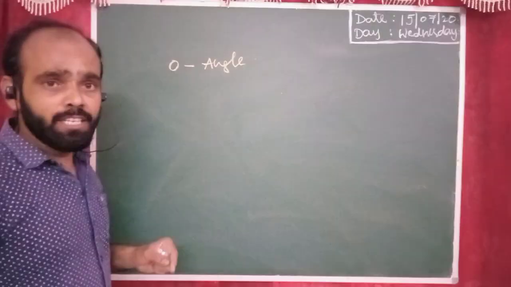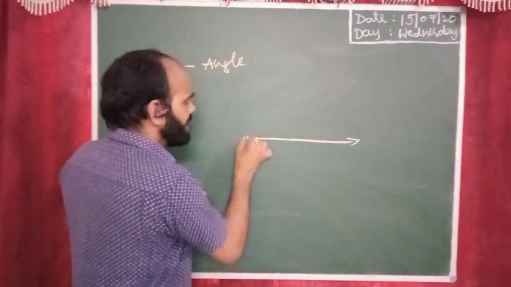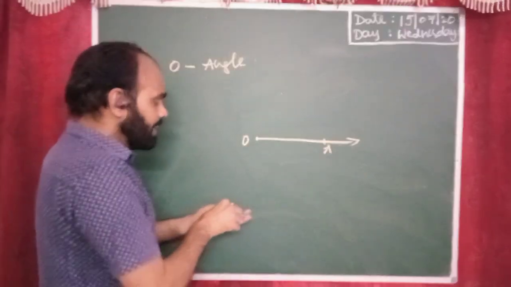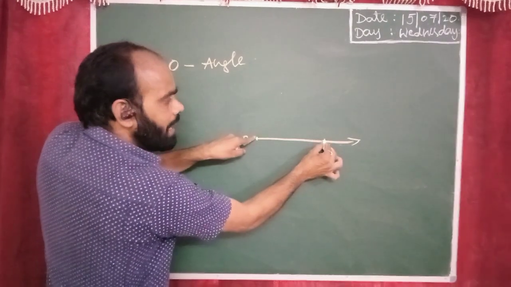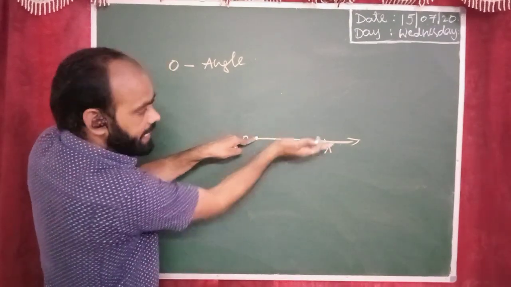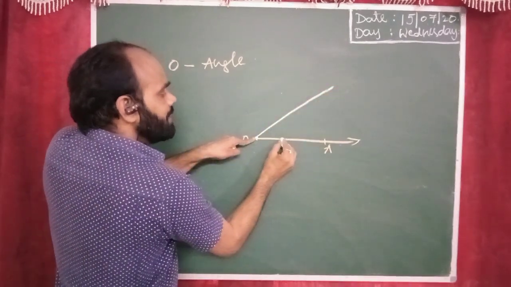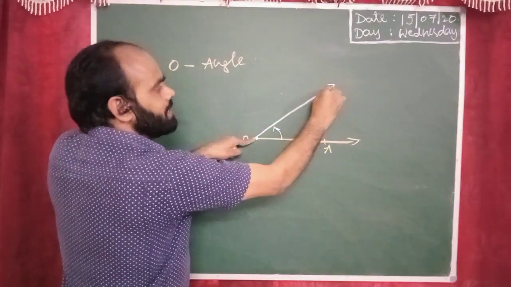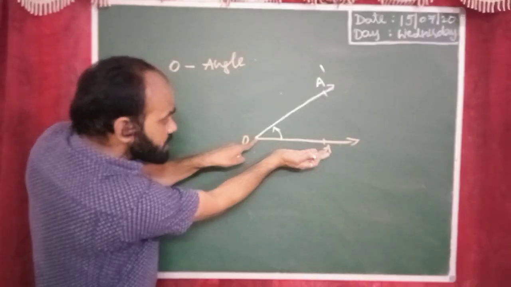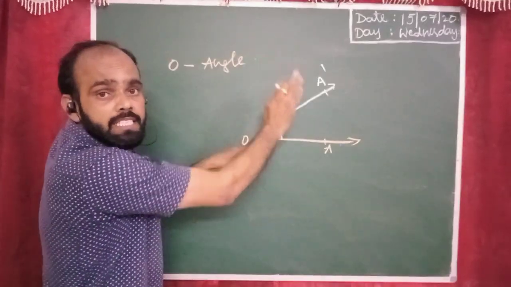Before I explain this one, let me give you another definition for angle. Now we have a ray OA. Let us take the same ray OA. I am going to rotate this ray about this fixed point. The same ray OA, so you call this one OA dash. Listen to me carefully.